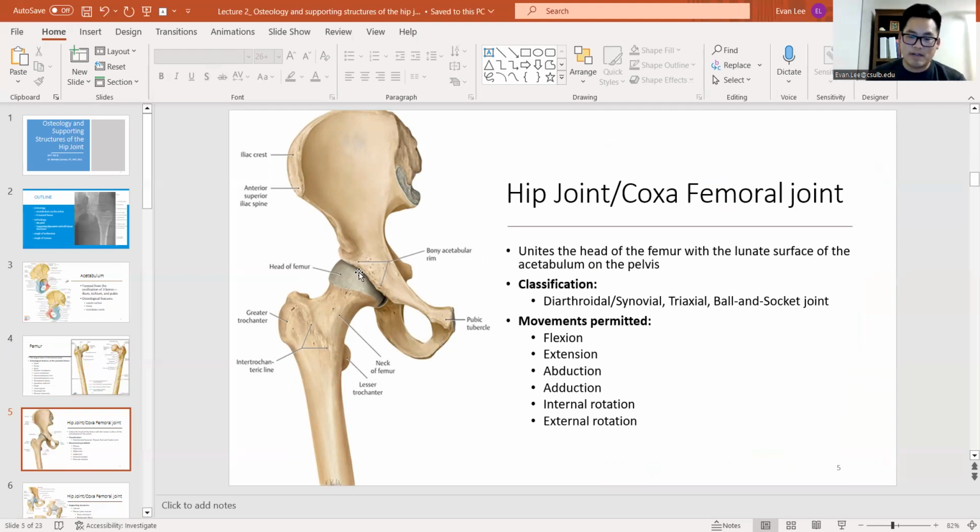This is definitely multiplanar, very mobile. This is a diarthrodial synovial joint, and triaxial means that it's not just flexion and extension, it's not just abduction and adduction, but there's also internal rotation and external rotation as well. So this joint can basically do it all. Well, not all, but a lot of them. So just to go over these real quick.